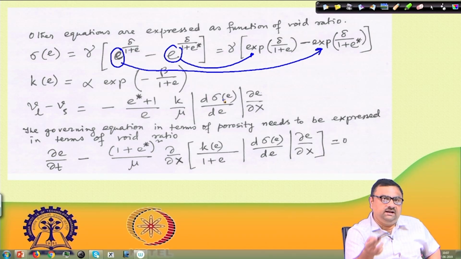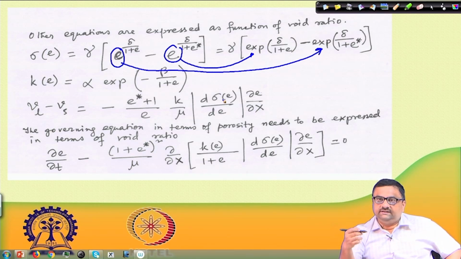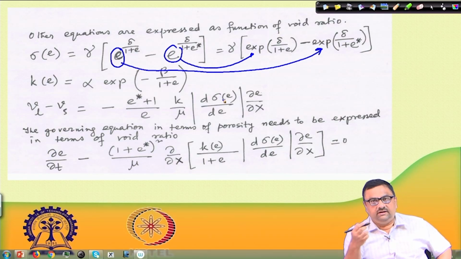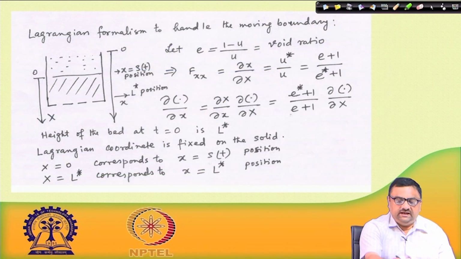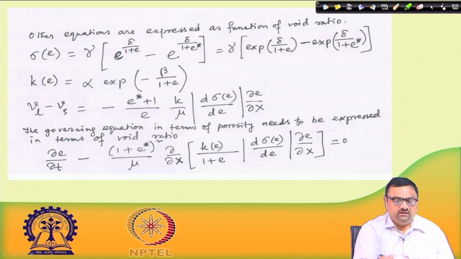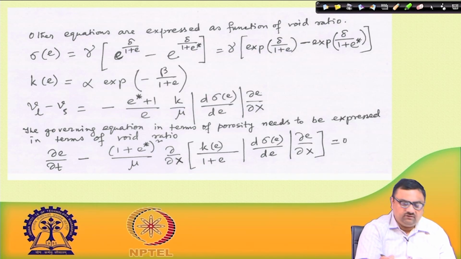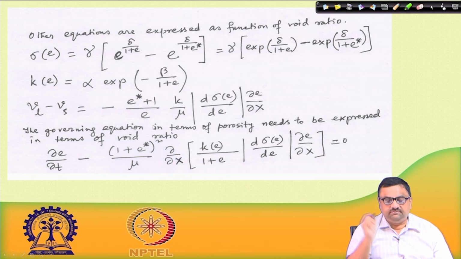Originally, it was del p del x. Okay, then del p del x has been changed to del sigma del x. So, del p del x is equal to minus of del sigma del x, because any quantity, if you take a derivative of it, it would be (e star plus 1) by (e plus 1). So, that is why you have this e star plus 1 term here, and this e plus 1 there also. Upon simplification, this is something which you are supposed to get.